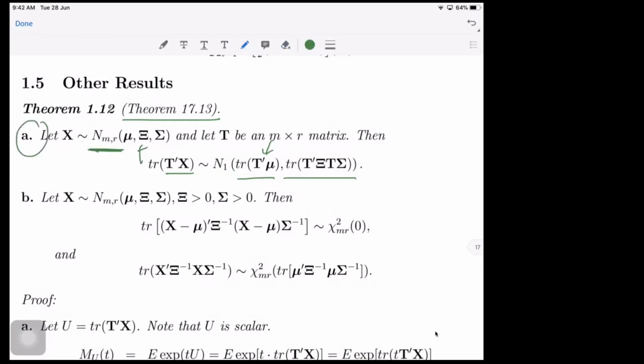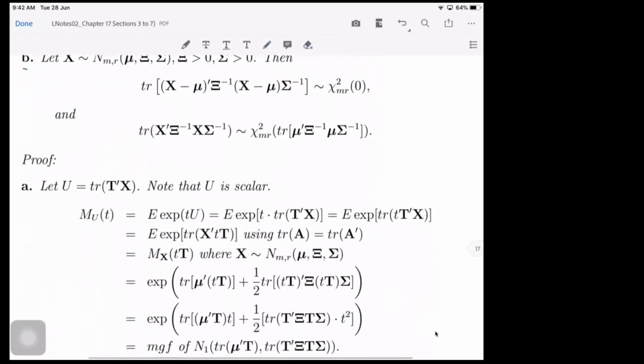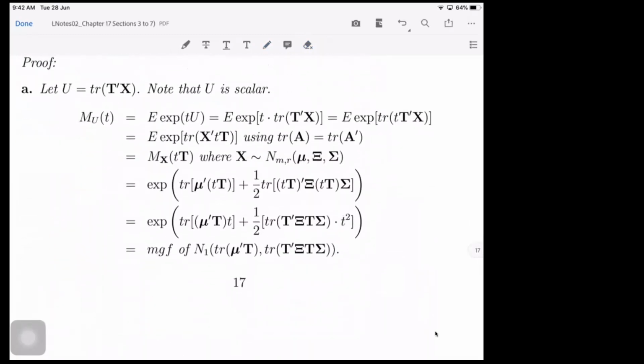So before I discuss B, let's look at the proof of A. So tawag niya scalar, but let us change this to be a 1 by 1. Anyway.